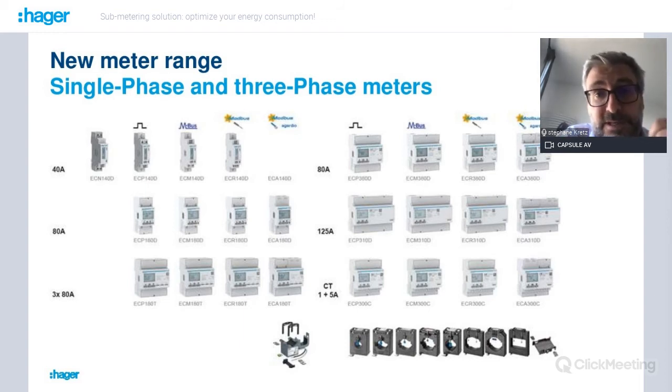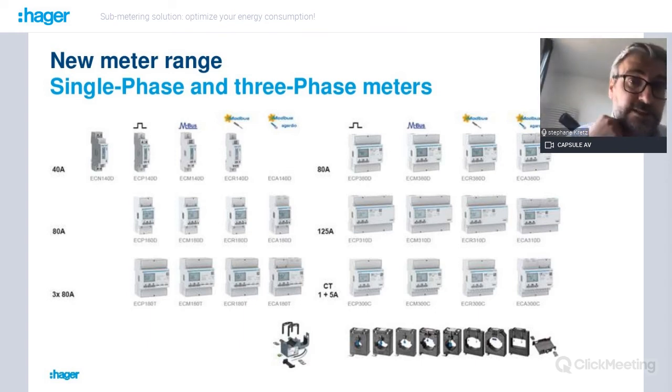Also in split core for retrofit, split core that you can open. You can see it on the picture on the left at the bottom, and easy for retrofit. This is a brand new product that we launched this year. So also the CT output or input on the meters can be 1 amp or 2 or 5 amp. So you can manage it on the display. You can select 1 or 5 amp. Okay.